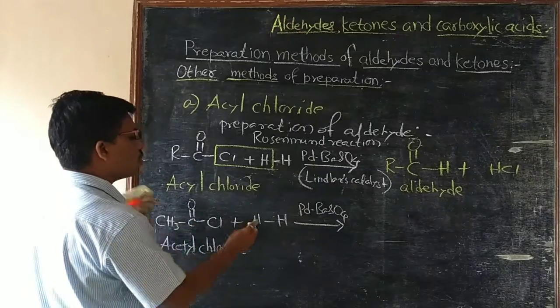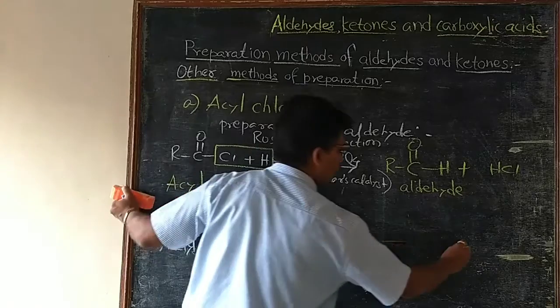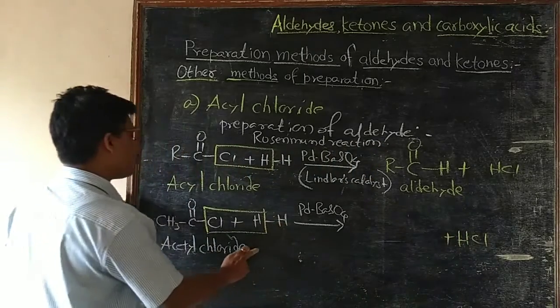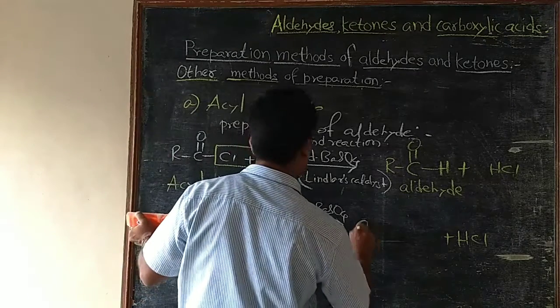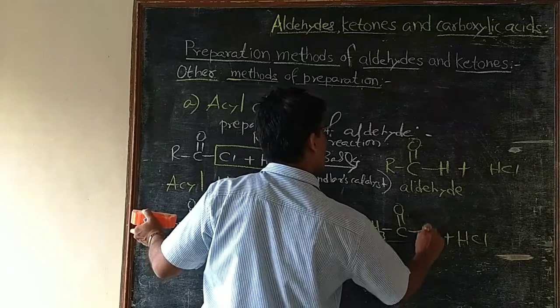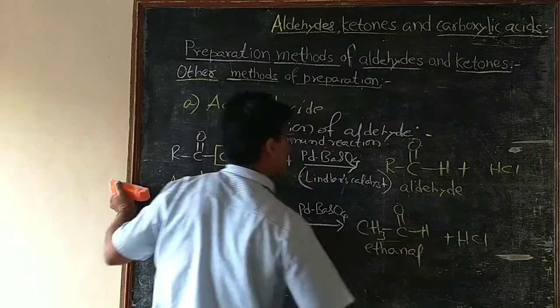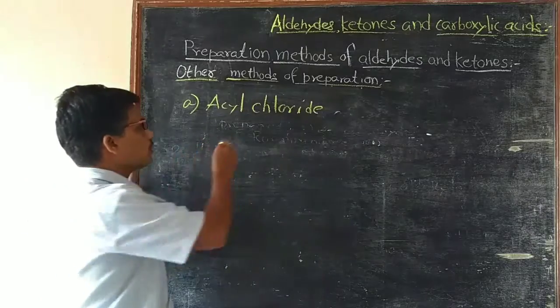In this case also, this hydrogen and this chlorine combine with each other to form HCl, and the remaining hydrogen goes to this carbonyl carbon to form our desired product, that is the aldehyde, ethanal.